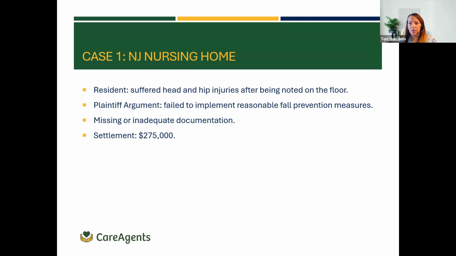The plaintiff argued that the nursing home failed to implement reasonable fall prevention measures. Really, the key to the case was that there was inadequate documentation. Without that proper documentation, you really can't substantiate your defense or demonstrate that proper care was provided. So the case settled for $275,000. Next slide.